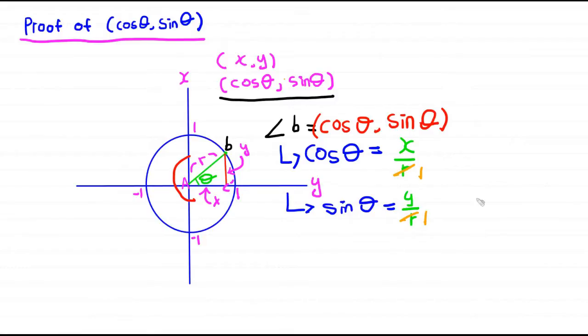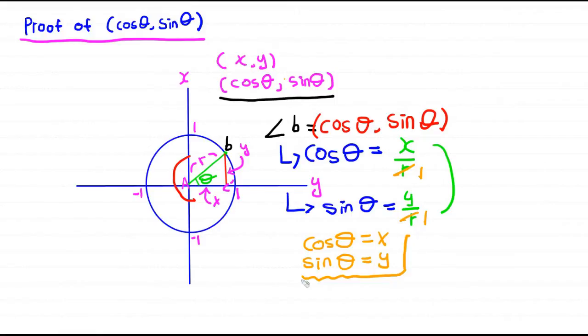And if we simplify this expression right over here, cosine theta is going to be equal to X, and sine theta is going to be Y. And so with this expression, we can replace the X value with cosine theta and the Y value with sine theta.